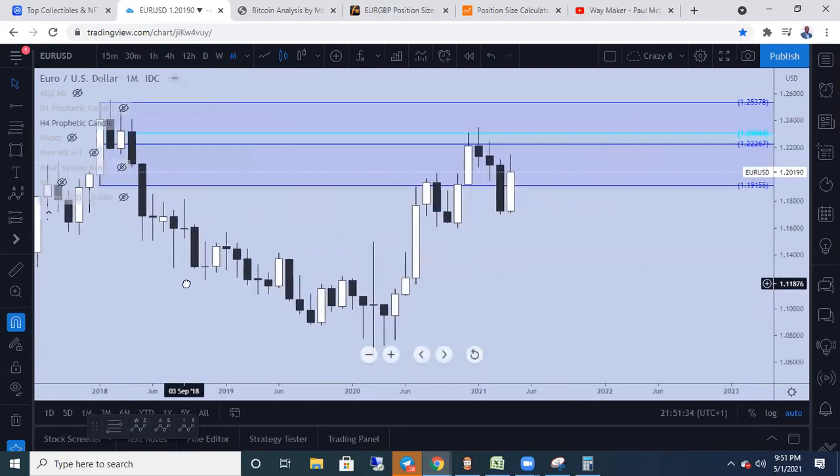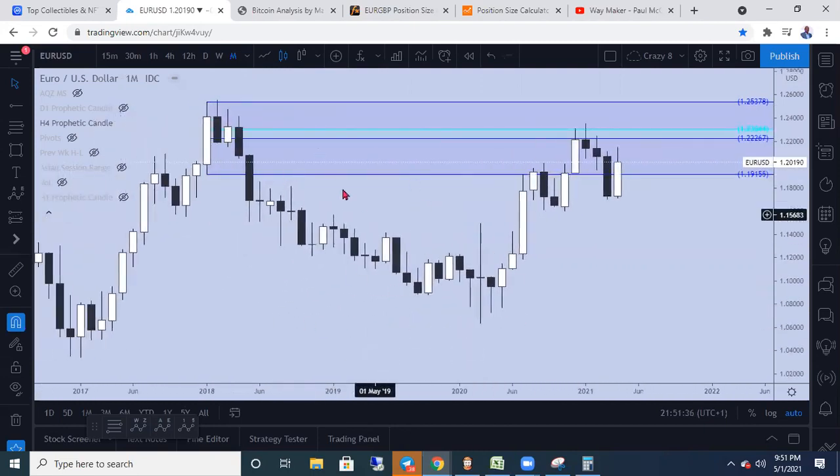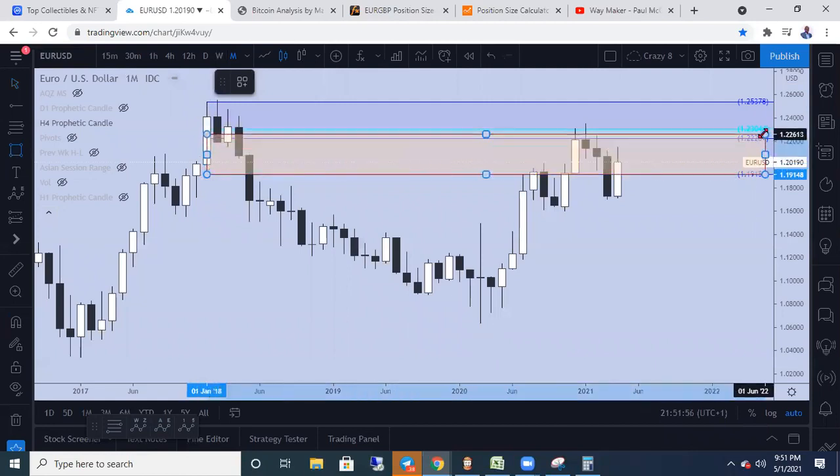Okay. So once I've done that on a monthly time frame, I know I'm looking for reasons to sell. I can now drop down to the weekly time frame. In fact, I can leave out this and do this. I can do this from this point to this point until price closes above.